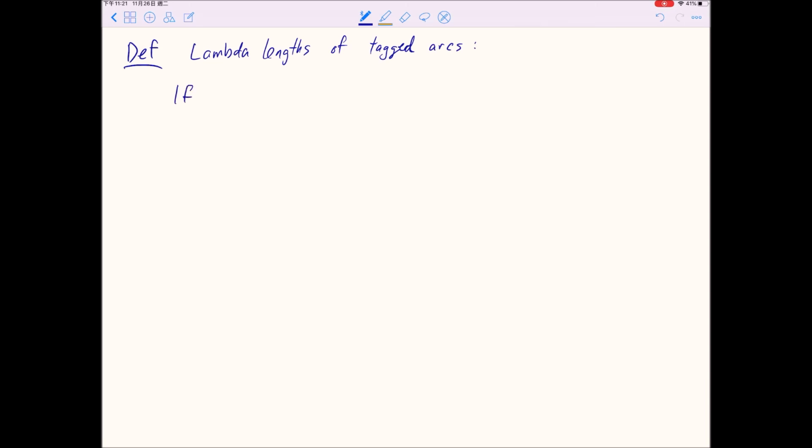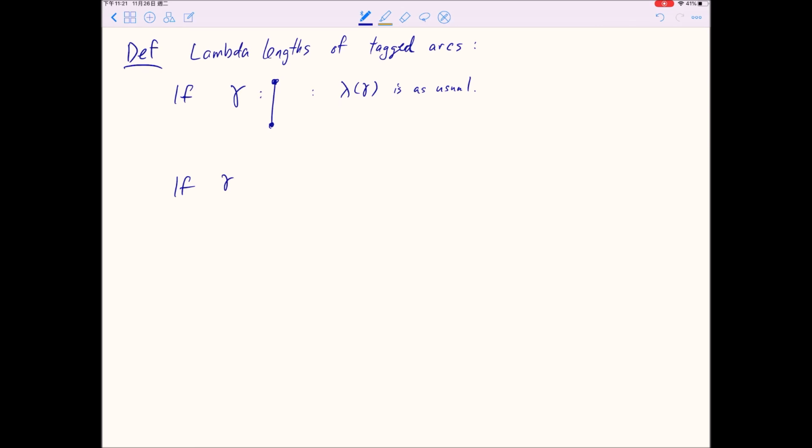So first of all, if gamma is an arc without any tagging, then the lambda length is just as usual, the old definition.